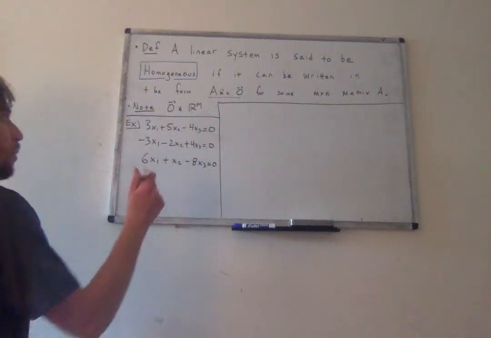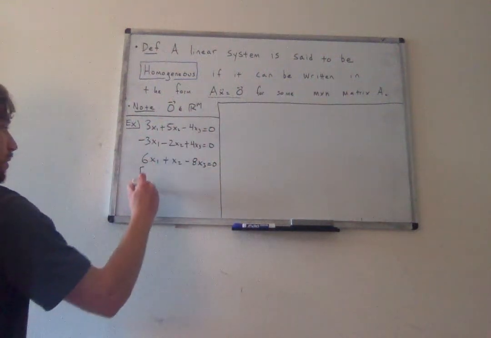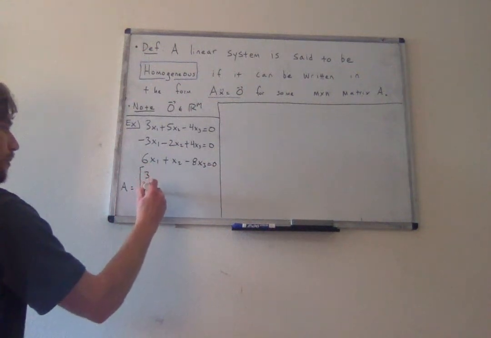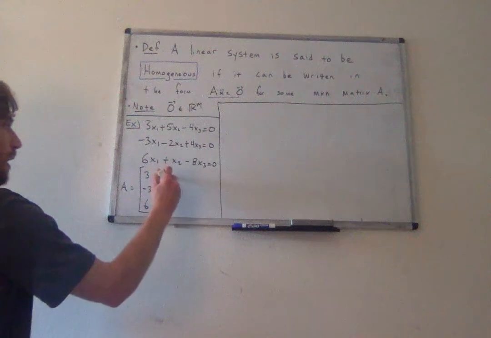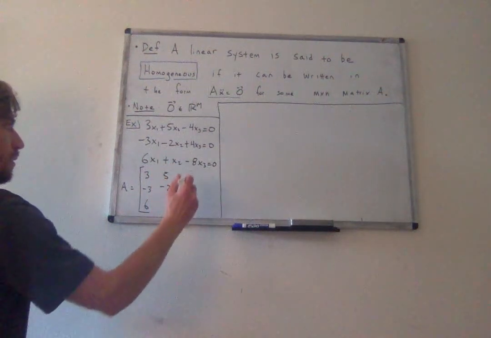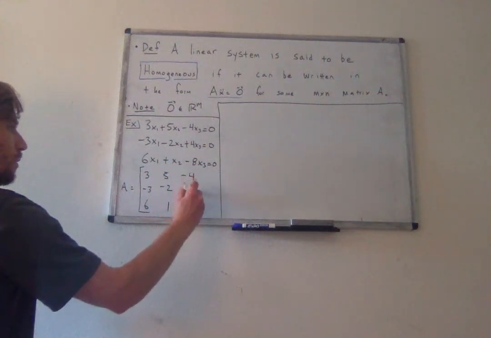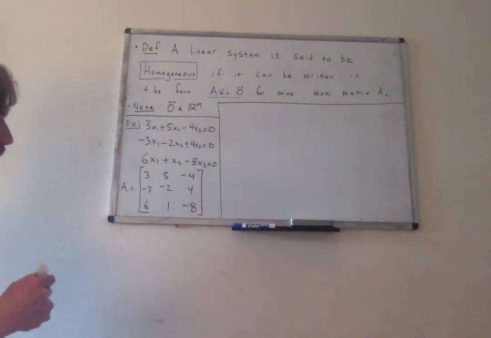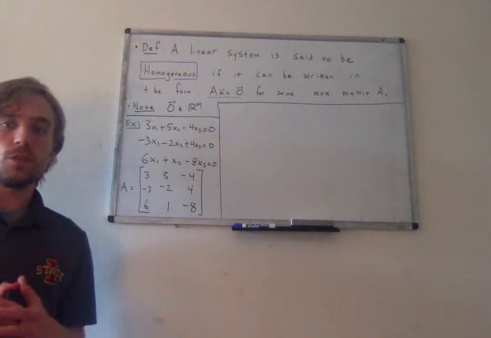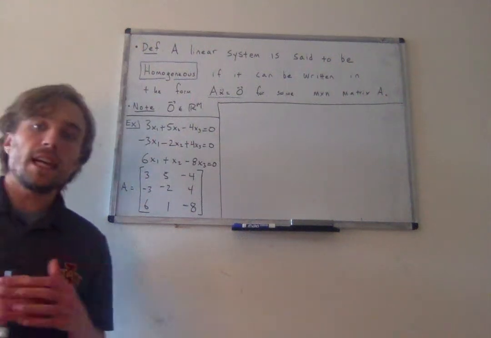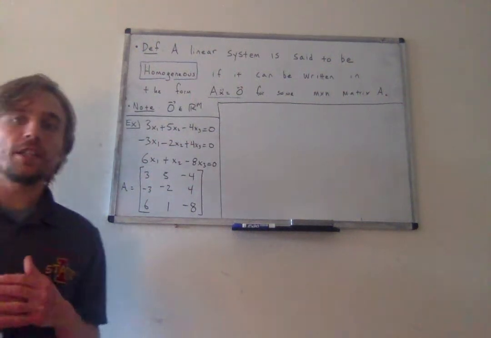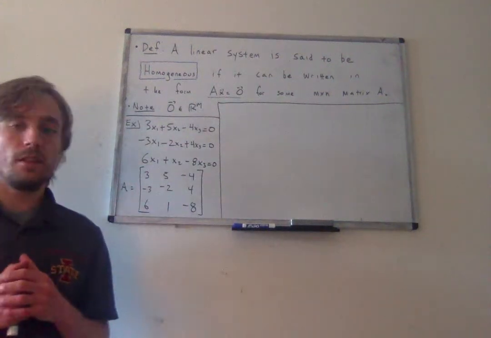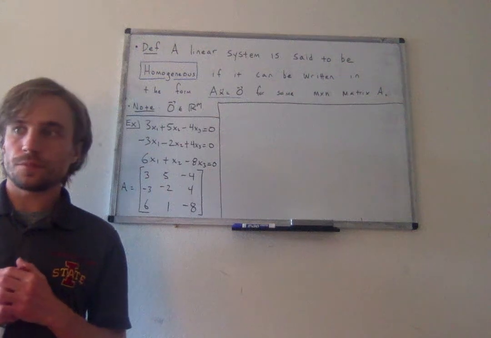If we wanted to express it in the form Ax = 0, we would just let our matrix A be 3, -3, 6, 5, -2, 1, -4, 4, -8, where A is just the coefficient matrix for this system.